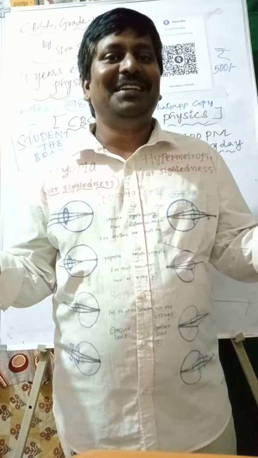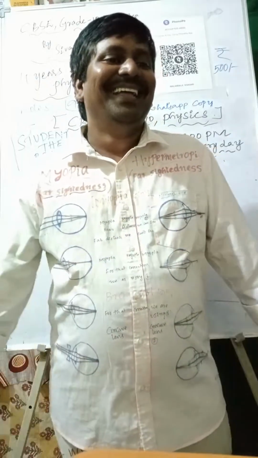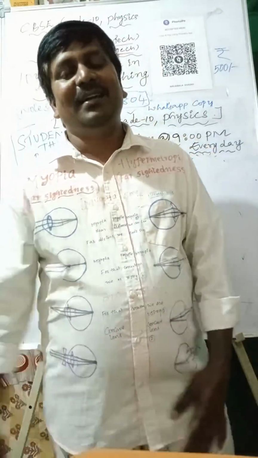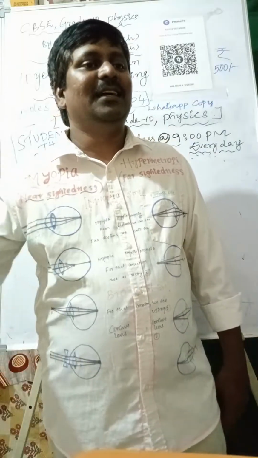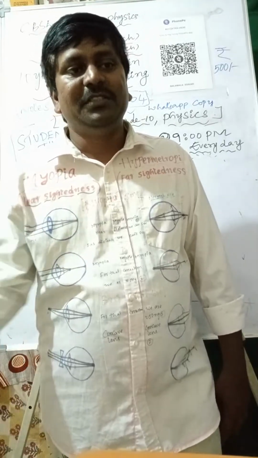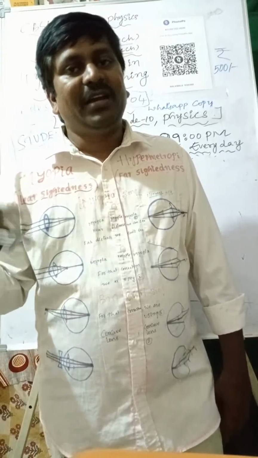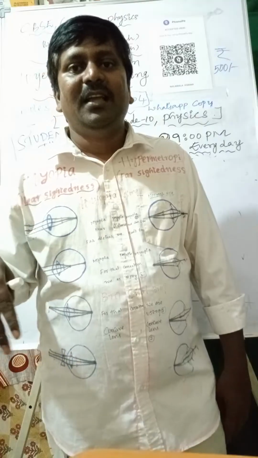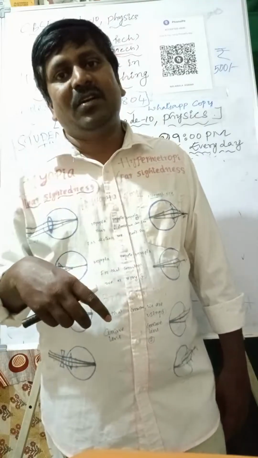I'm covering both the defects. Myopia is where the person can see near distance objects but not far distance objects. For myopia correction we use a concave lens, and for hypermetropia we use a convex lens.